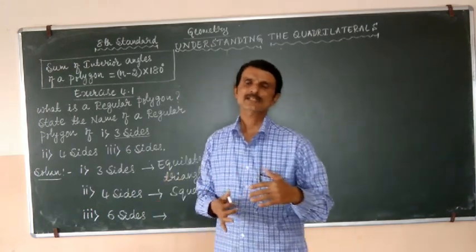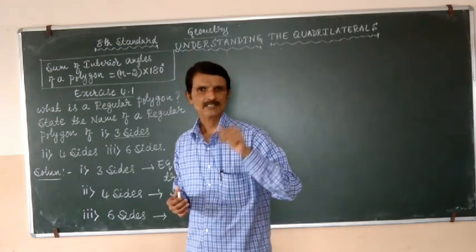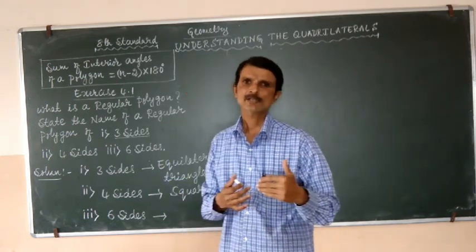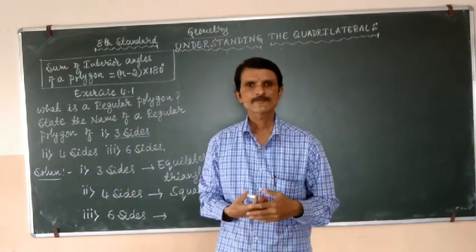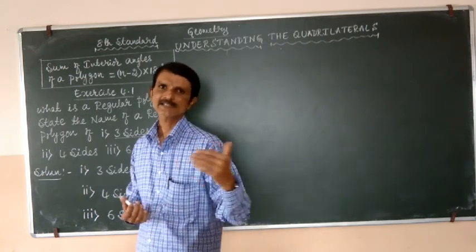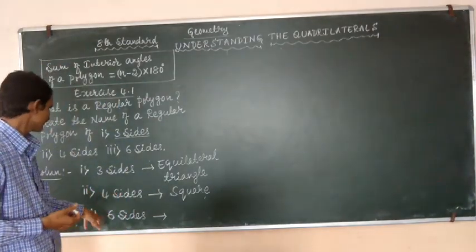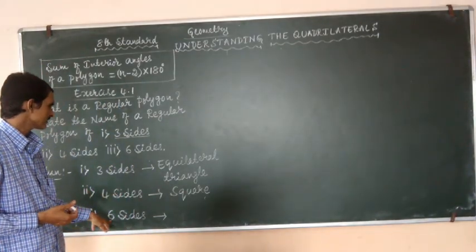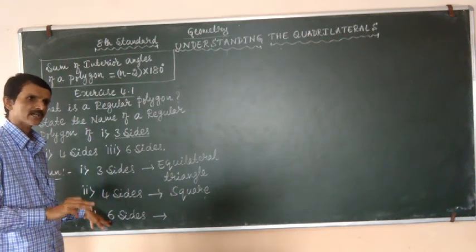If a polygon contains four sides, it is called a quadrilateral. If it contains five sides, it is called a pentagon. Similarly, if it contains six sides, it is a hexagon.